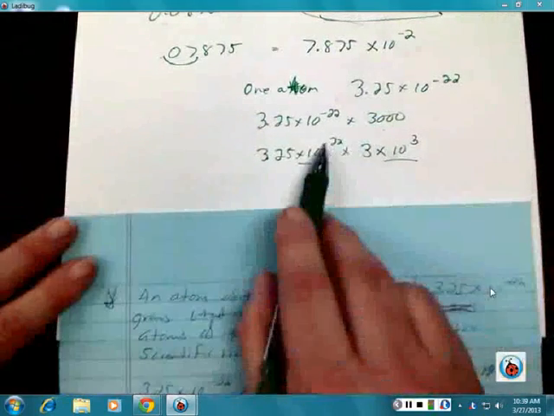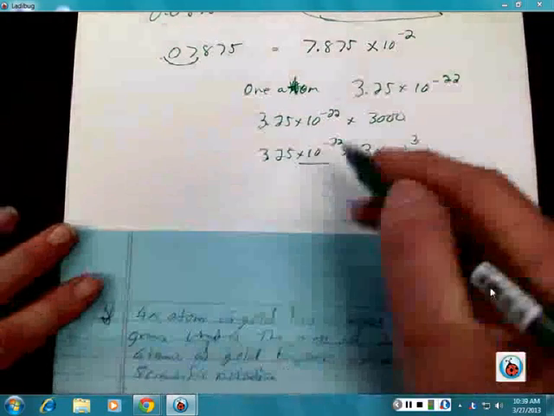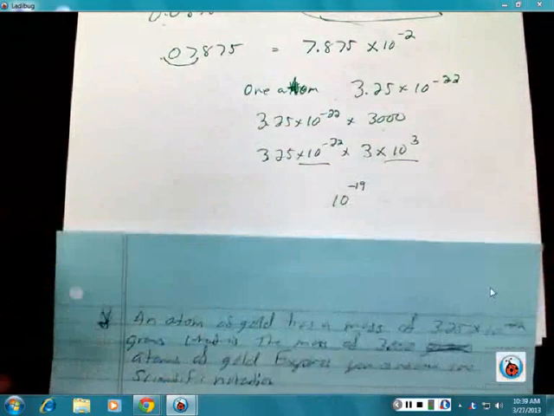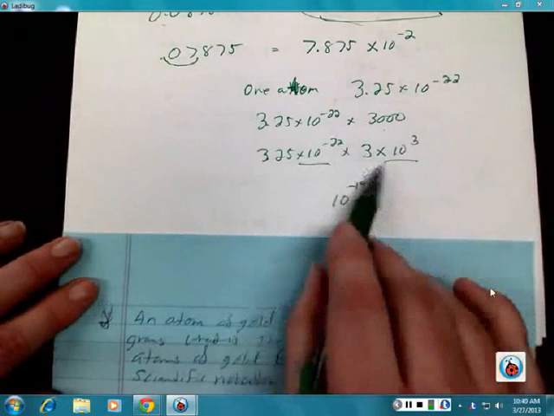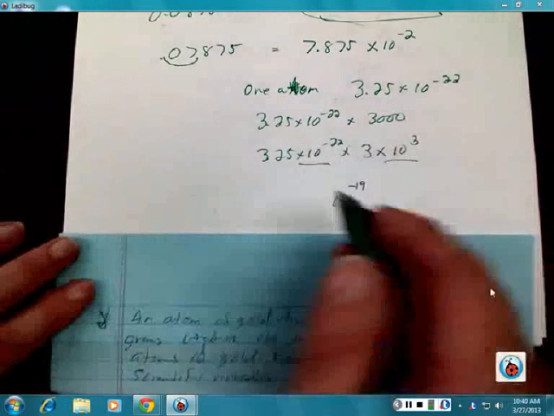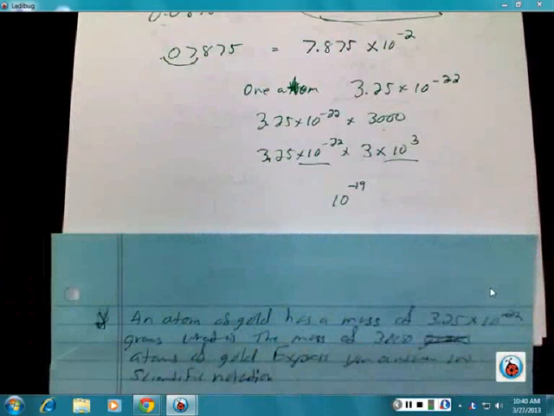So negative 22 plus 3. What's that going to leave me with? 10 to the negative 19th, I think. Negative 22 plus 3 is a negative 19. So what's 3.25 times 3?